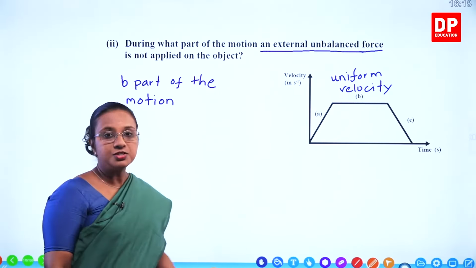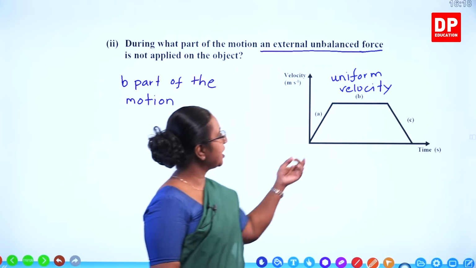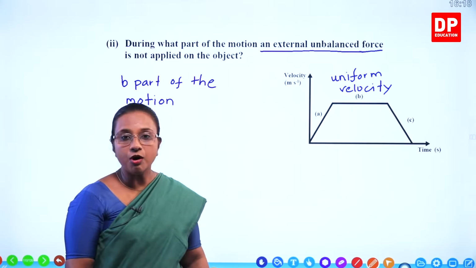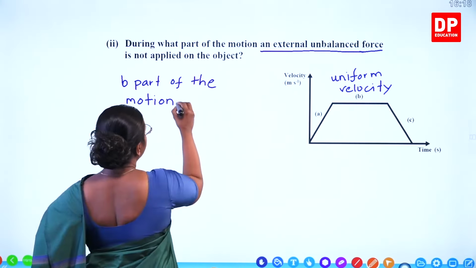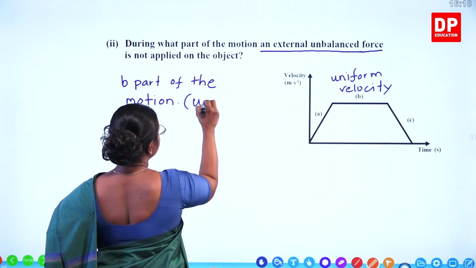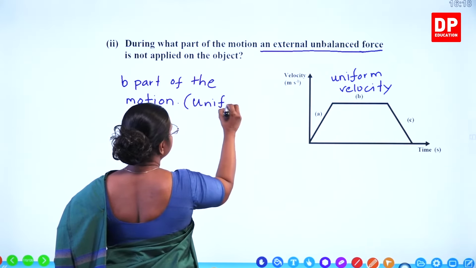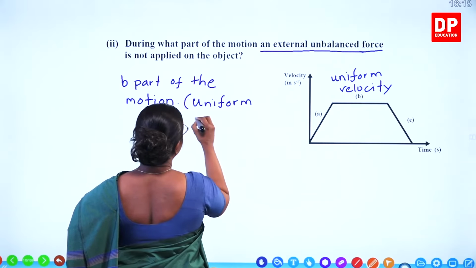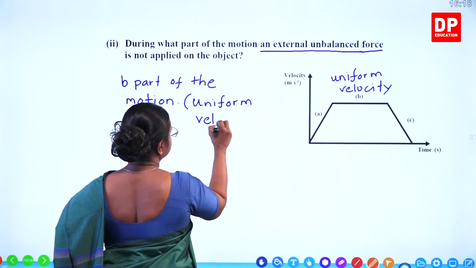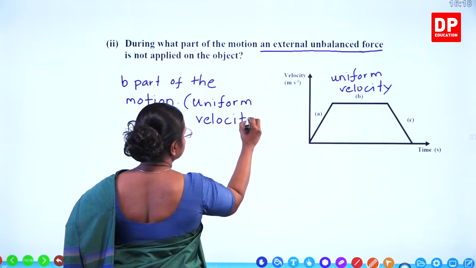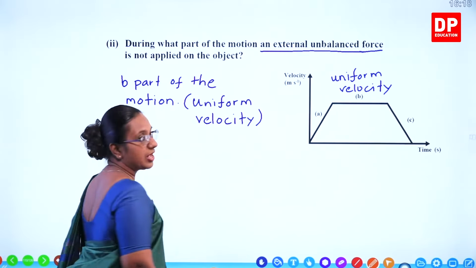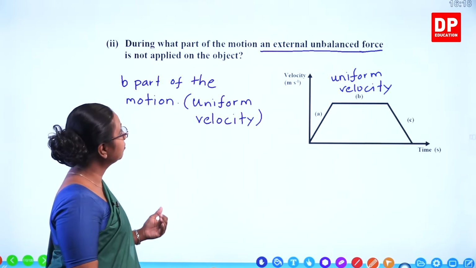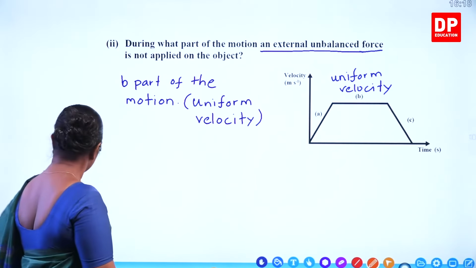Or in other words, you can write when the object moves with uniform velocity. Within brackets, I will write that also. This is when the object moves with uniform velocity. Those are the two questions. We will go on to the next question.